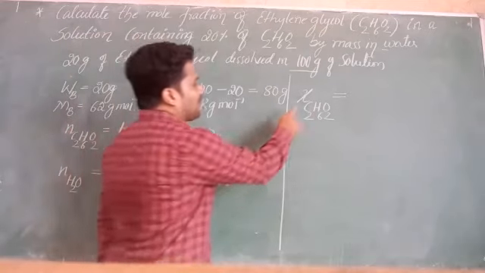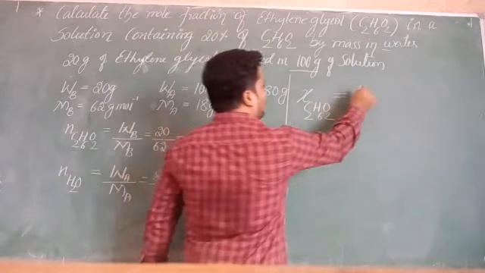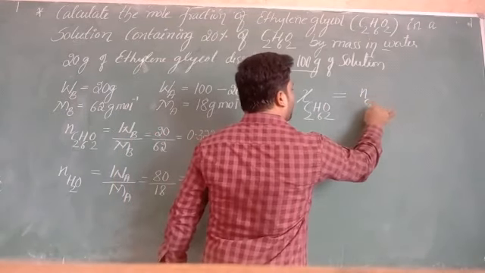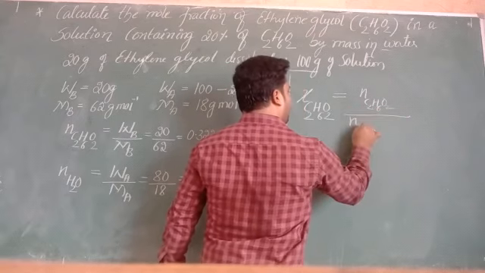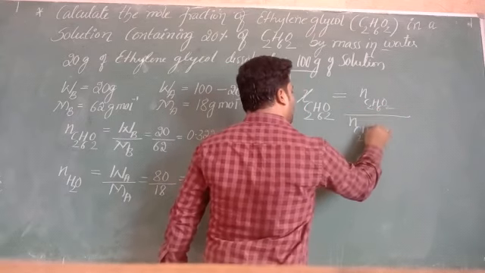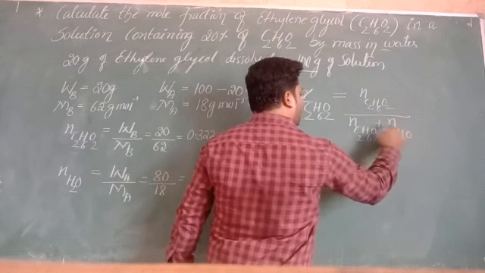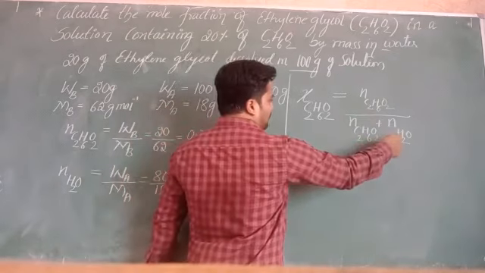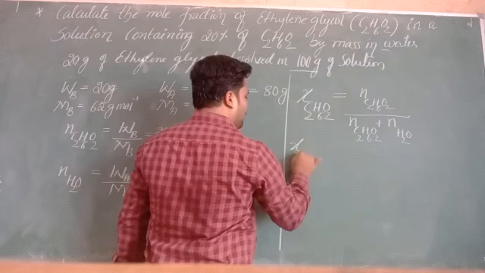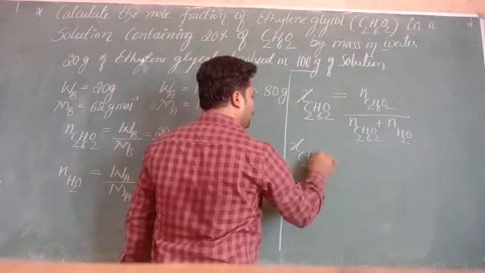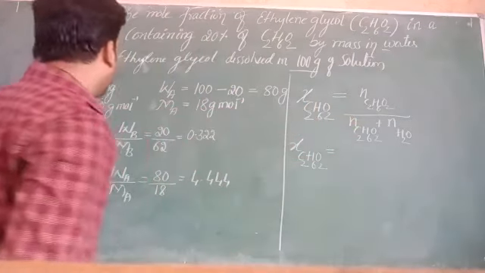That is, if you want to calculate the mole fraction of component B, that is solute, then N of C2H6O2 divided by N of C2H6O2 plus N of H2O. This is the number of moles of solute and solvent, and this is the number of moles of solute. So now X of C2H6O2 is equal to, see here, N of C2H6O2.